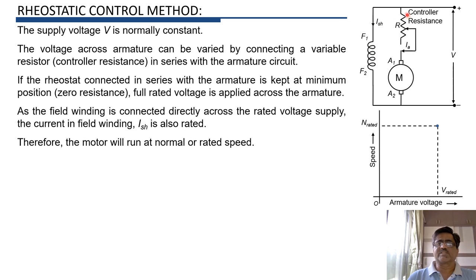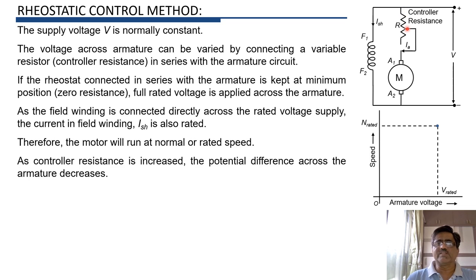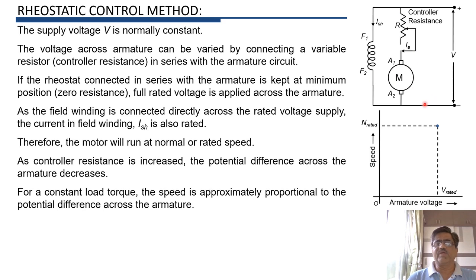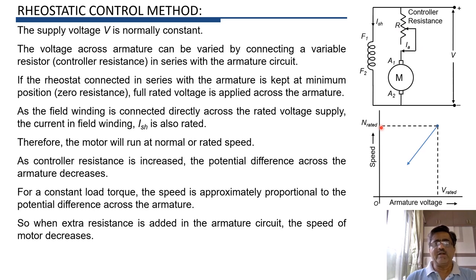Now if this external resistance is increased, let us see what happens. When resistance is increased, voltage drop across this resistance will also increase, and the voltage across armature will decrease. Now if load torque is constant, you know that speed of motor is directly proportional to the voltage across armature, and therefore with increase in resistance there is decrease in voltage across armature, and speed of motor will also decrease.